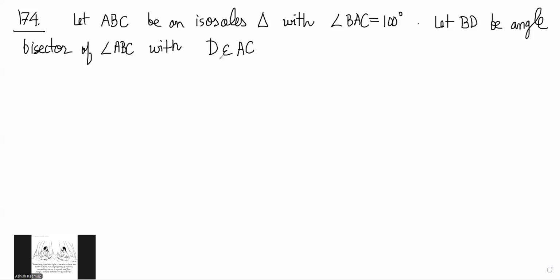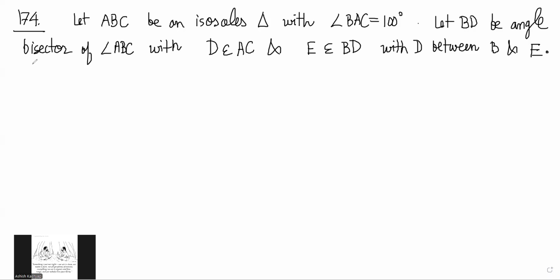This symbol means D lies on AC. D belongs to segment AC. And E belonging to BD with D between B and E.